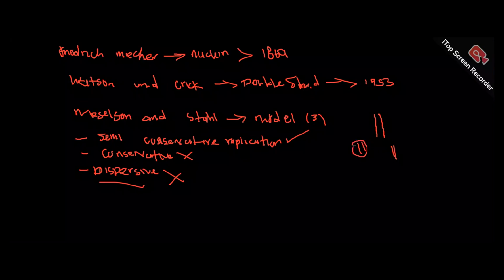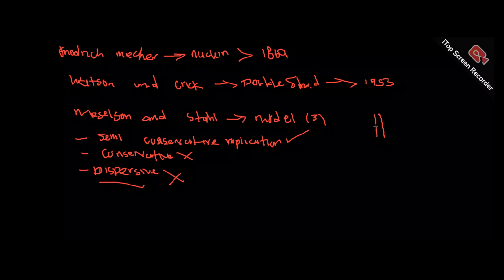It has replicated, and we have these two as the new DNA, which is replicated. Now, how does it work? One should know that each of the parental strands acts as the foundation of the new strand. It acts as the foundation of the new strand. Now let's talk about it.